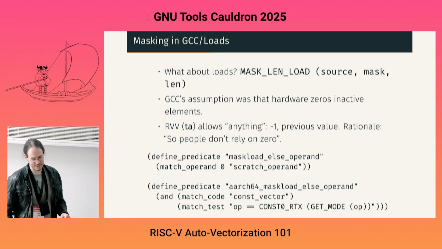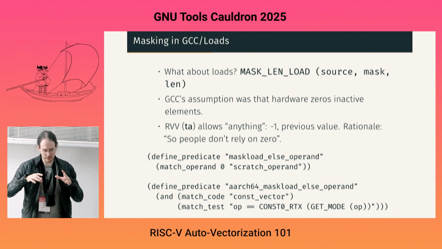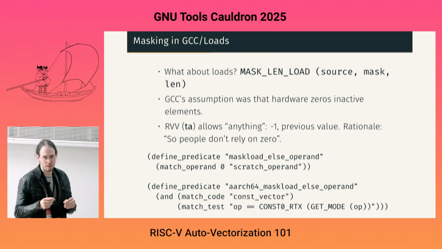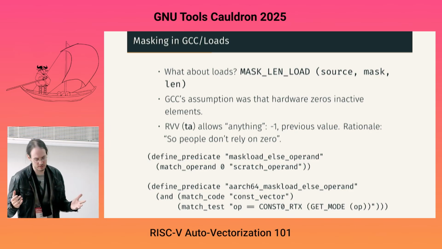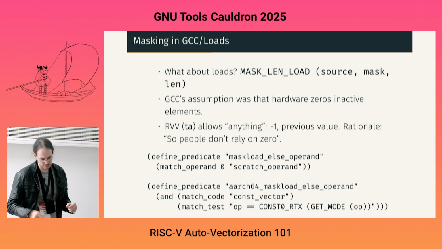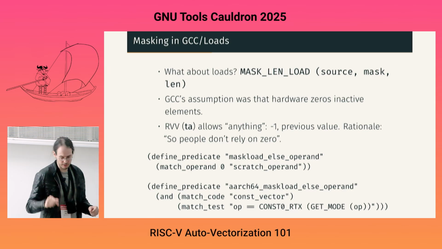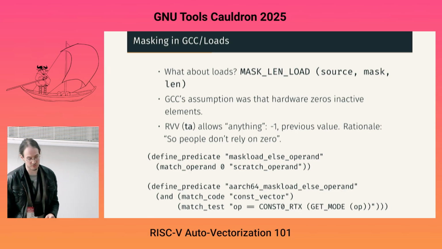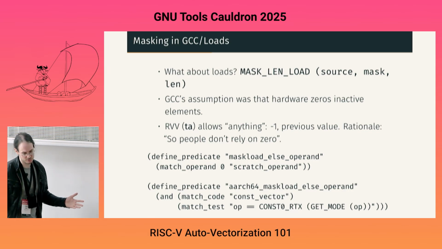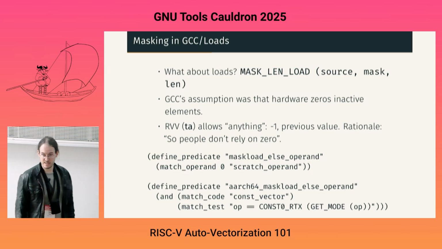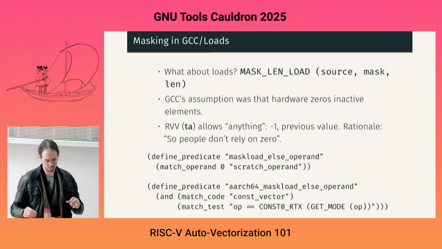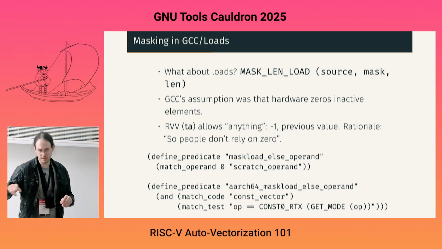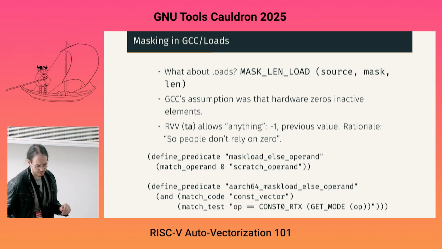So there's even some choice to not zero out the elements, but fill them with -1s. It's also not very complicated, but the rationale in the spec explicitly spelled out is so people don't rely on 0. GCC relied on 0. So what we needed to do is amend the vectorizer by a specific, let's call it predicate here, and these are defined in the individual backends.